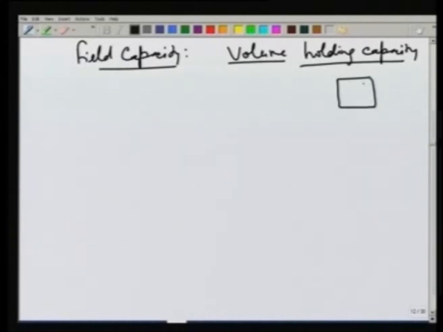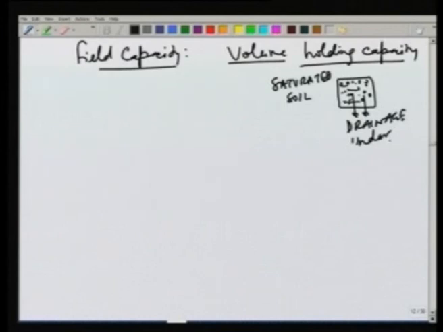So, if you have a soil present here and let us say we saturate it with water, so this is saturated soil, and allow it to drain under gravity.